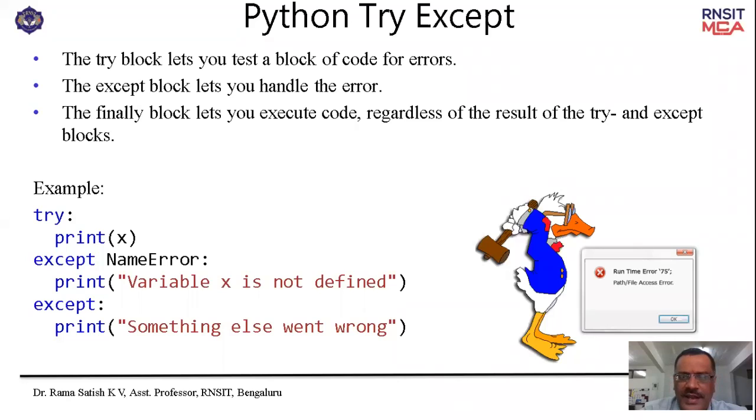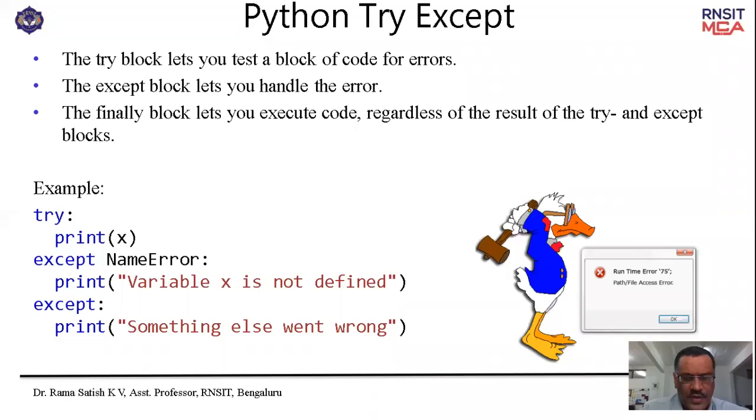It will generate a name error. Your interpreter doesn't know what x is. So it will definitely say it is a name error. When a name error comes, it will print 'x is not defined'. If some other error comes, it will print something else. This is what you should understand from this example.